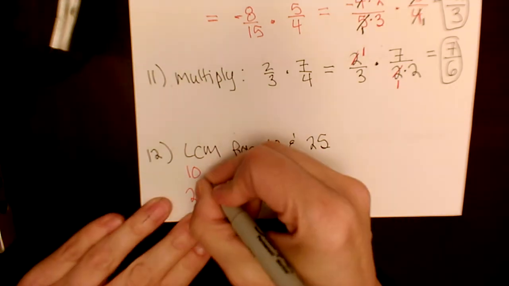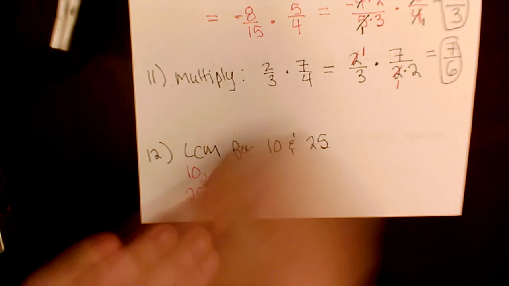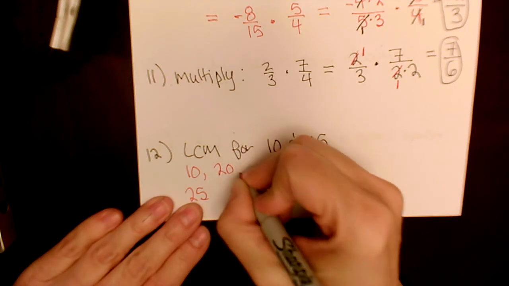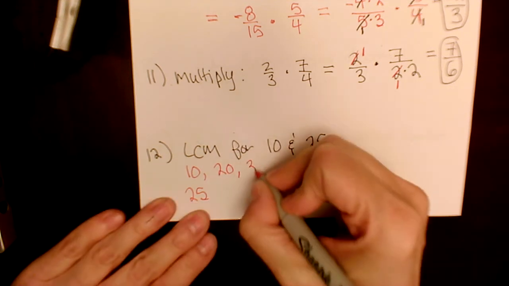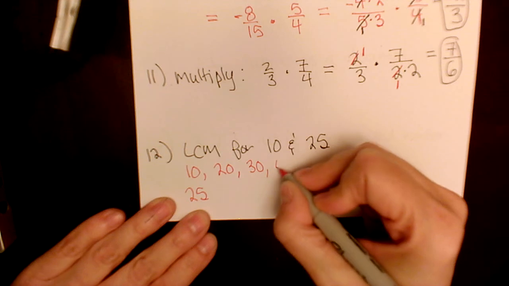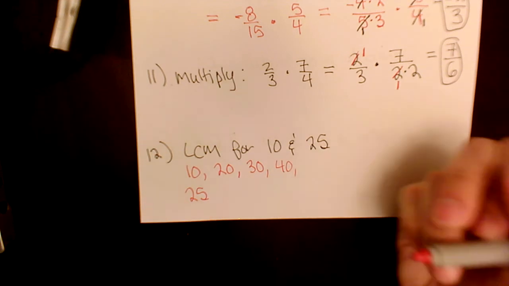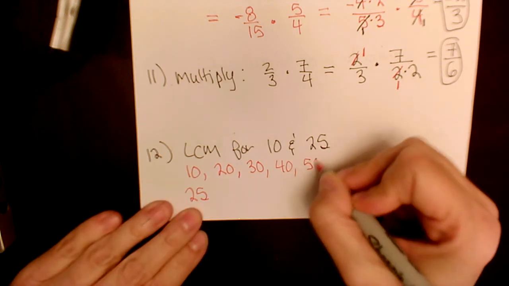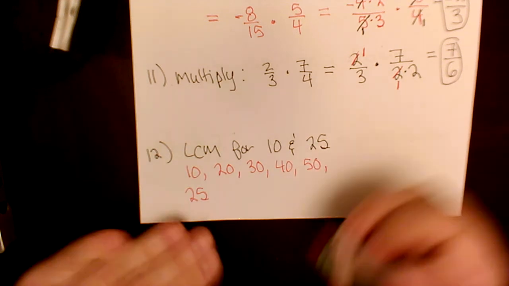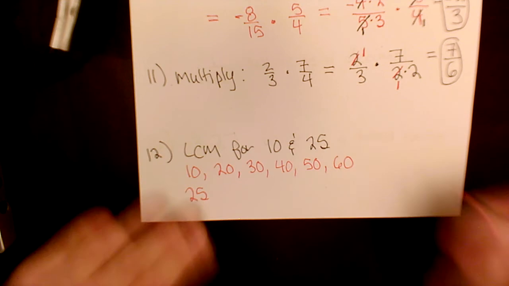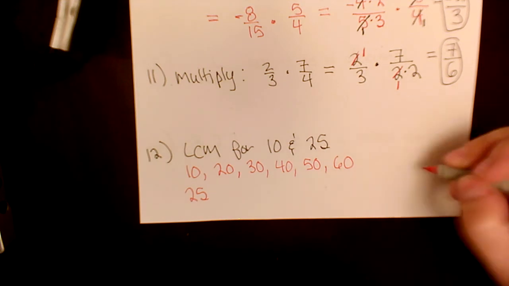So 10 times 1 is 10. 10 times 2 is 20. 10 times 3 is 30. 10 times 4 is 40. 10 times 5 is 50. 10 times 6 is 60. And this just keeps going.